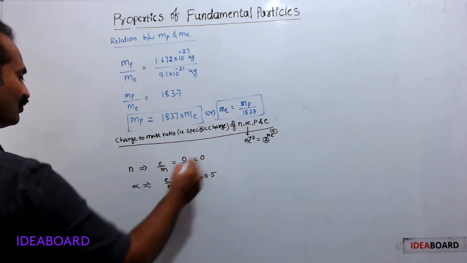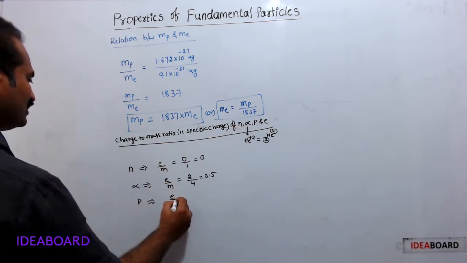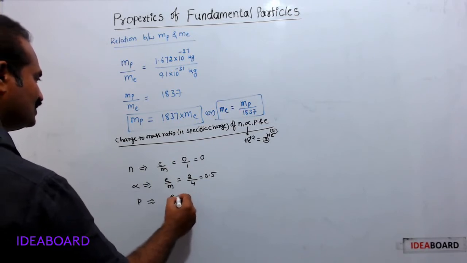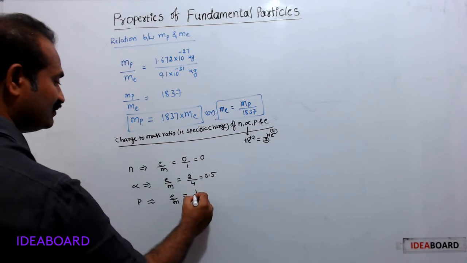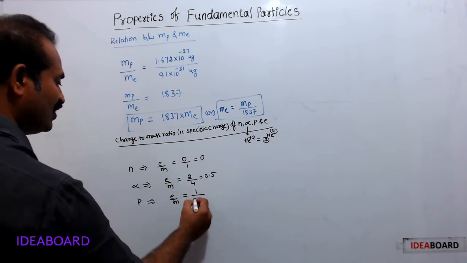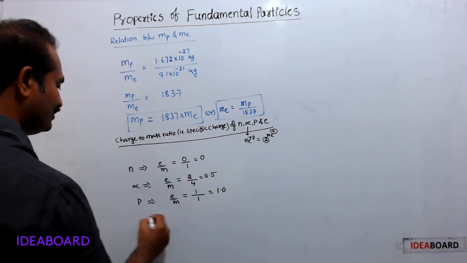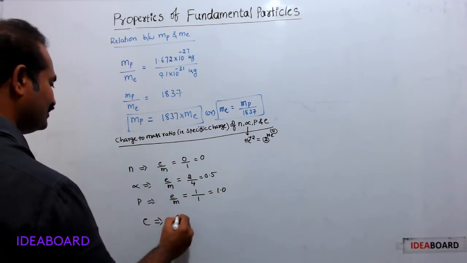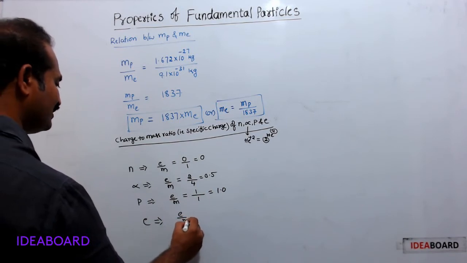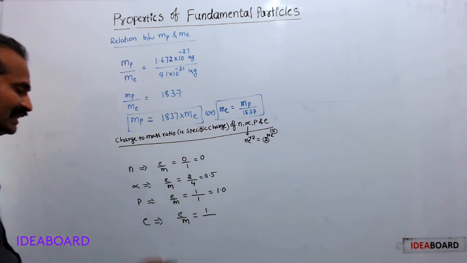Next come to proton. For proton, charge to mass ratio. Proton charge 1 unit, relative charge. Okay, mass, relative mass 1. Therefore 1. Next, electron. Charge to mass ratio of electron. Charge of electron 1 without sign.